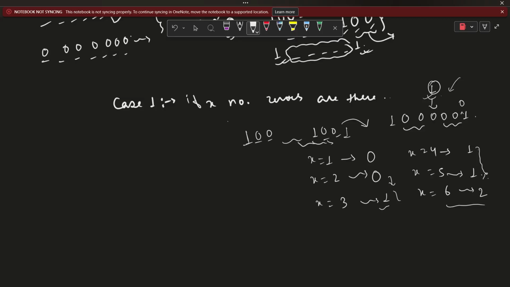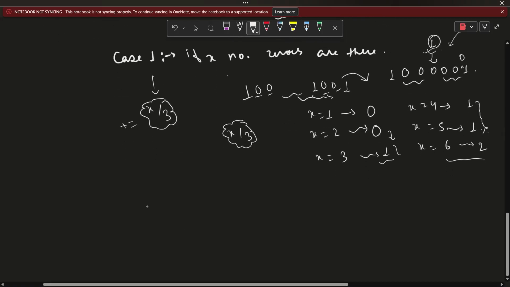For x equals 3, it is 1. So my formula can directly be x by 3. So for case 1, my formula is just x by 3. These many extra ones I am going to require.